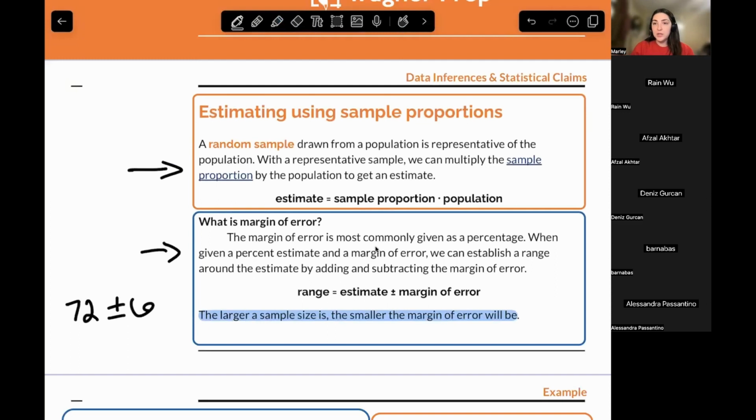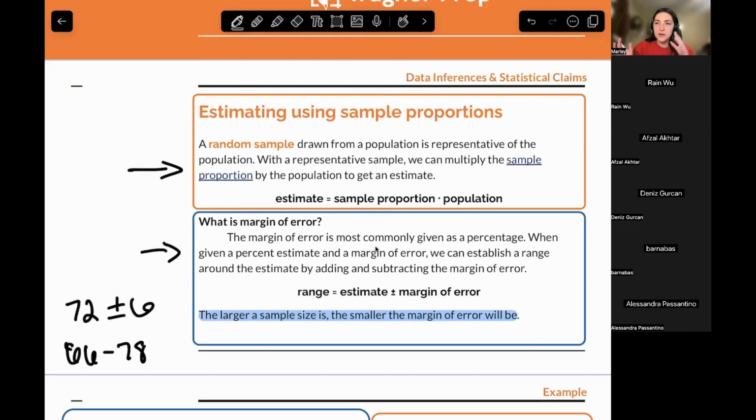That means most likely a majority of the prairie dogs in this population are going to be between, what is that, 86 and 78, because that would then be our range. Oh, sorry, 66 and 78.